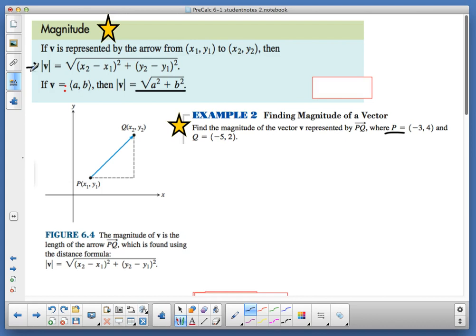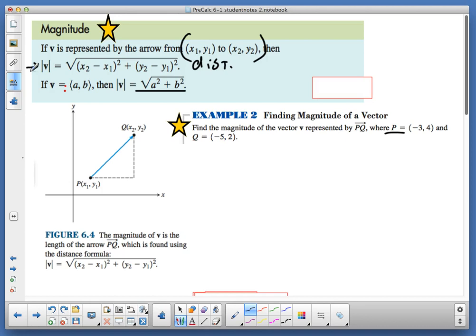And why in the world is it the distance formula? Because if you take your two coordinates, really what you're doing is applying that head minus tail rule, and you find the actual components of your vector. Then you're squaring the separate components and finding their sum.